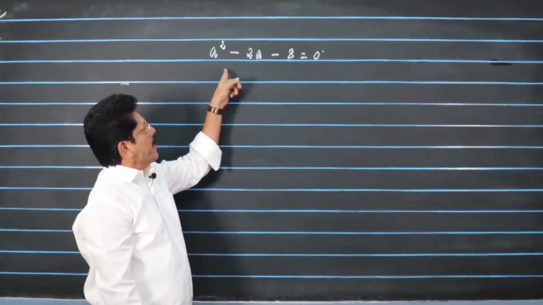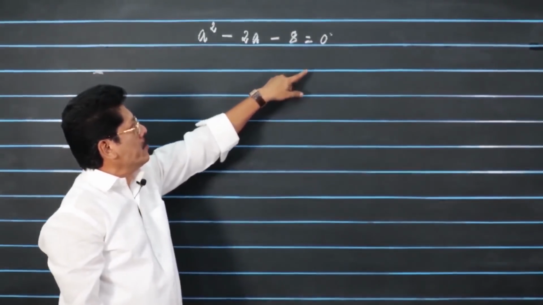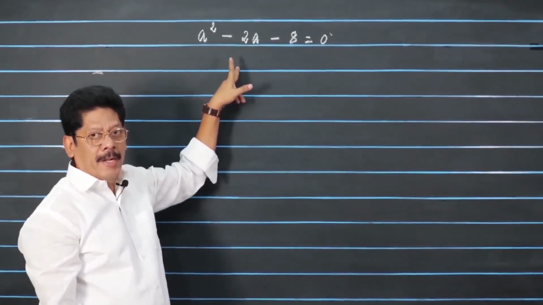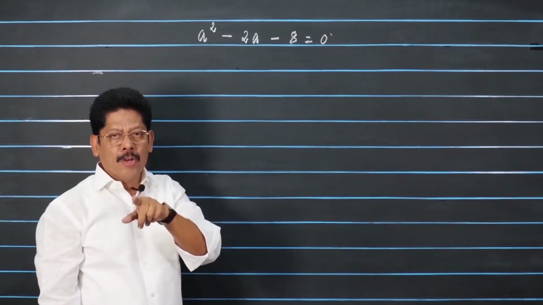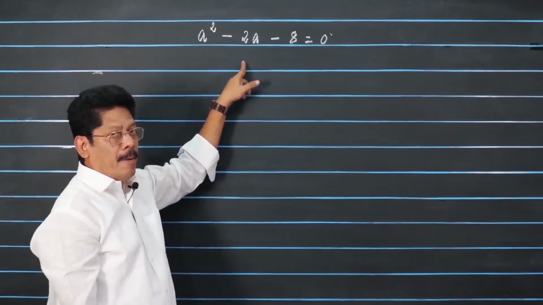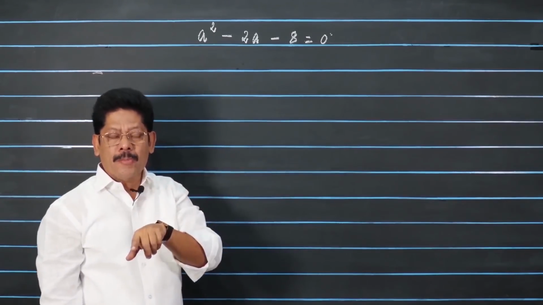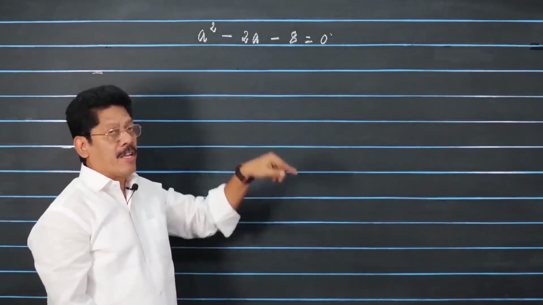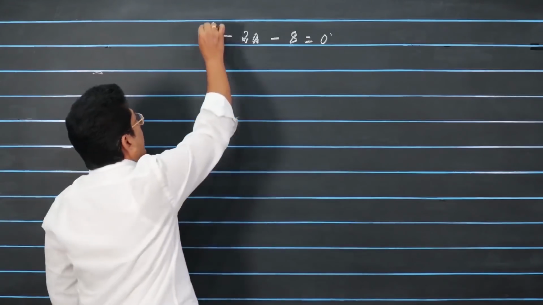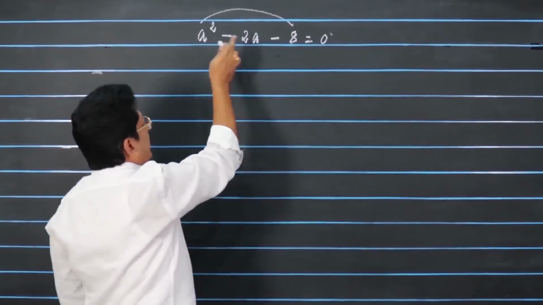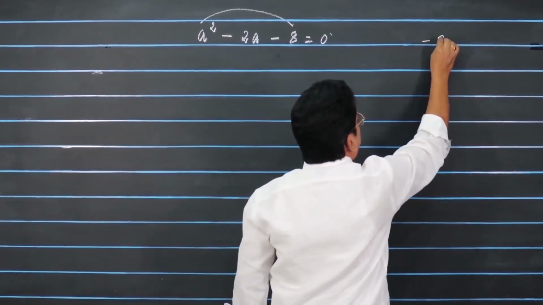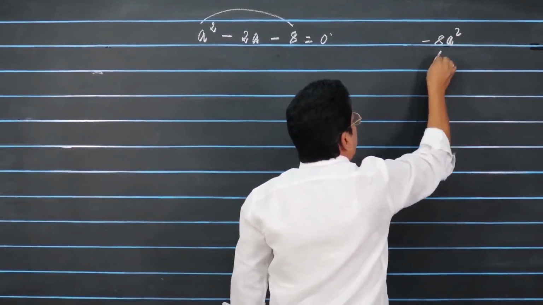Now you will have to factorize a squared minus 2a minus 8 is equal to 0 by splitting of the middle term. You must find two terms. If you add those two terms, you must get the middle term. If you multiply those two terms, you must get the product of the extreme terms. Now what is that? So this will give you minus 8 into a squared, which is minus 8a squared.